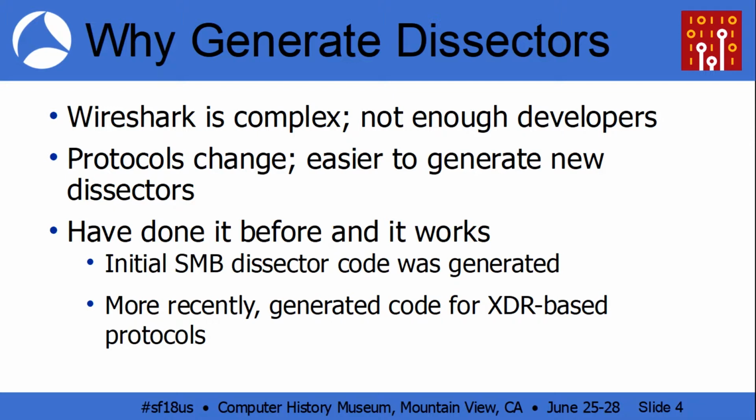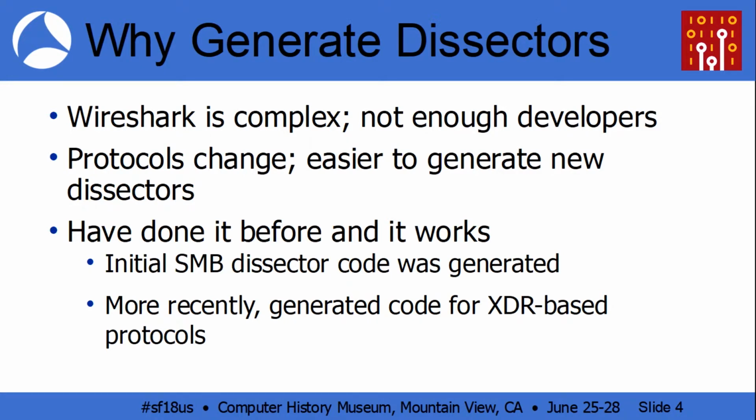And I've done it before, as I mentioned, so I talked a little bit about this XDR one. The first SMB dissector I did way back in 2001 or 2002, I can't remember. That was done by, instead of writing thousands of lines of code, because that was a fairly big protocol, I wrote a small language and I wrote a Perl program to generate the dissector from that.